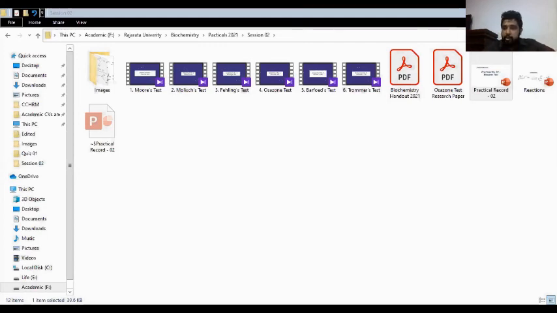As a sequence, you have to write date, practical number, title, then objectives, then introduction, methodology, observations, results and calculations, then discussion or conclusion, and finally references.